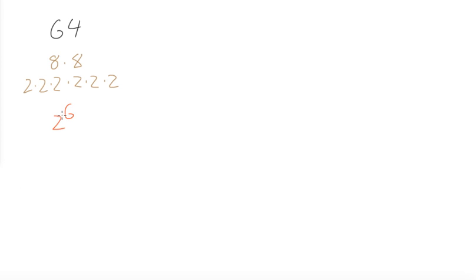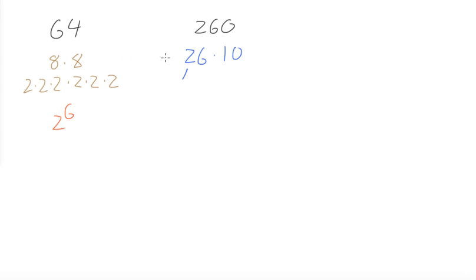Let's take a look at one other number. Let's take a look at 260. Alright, so 260, you could say 260 is 26 times 10. Then from there, you could break it down into smaller numbers.